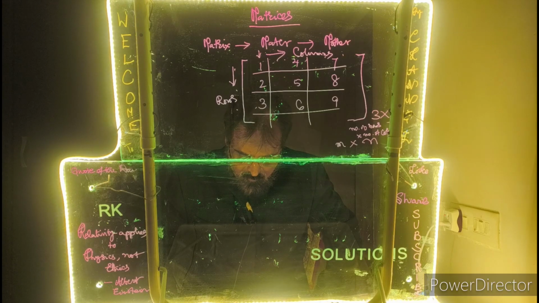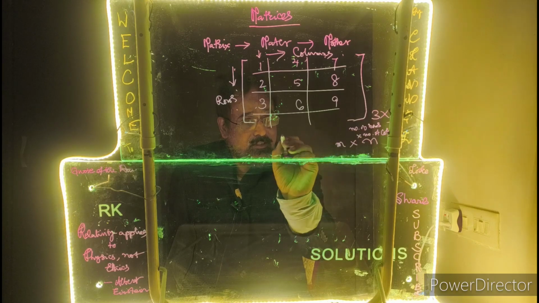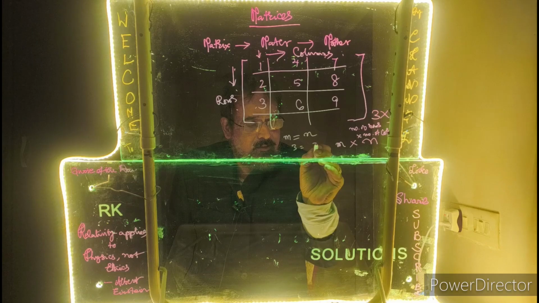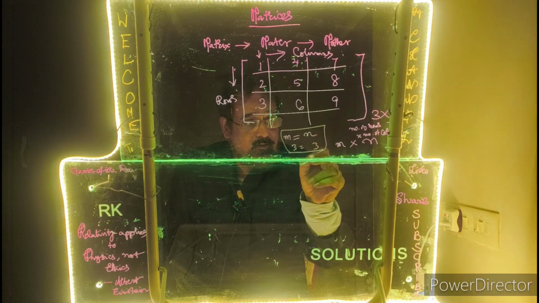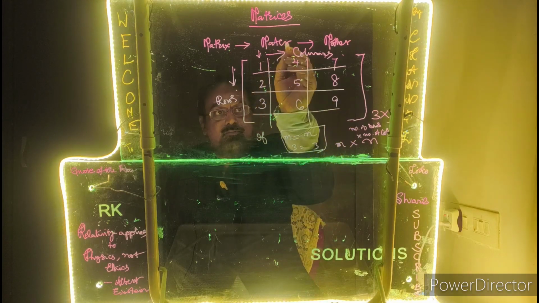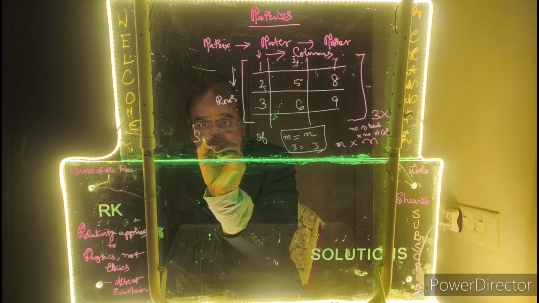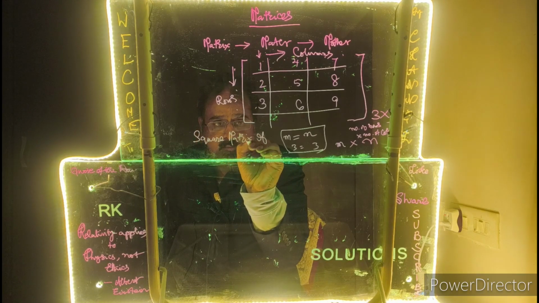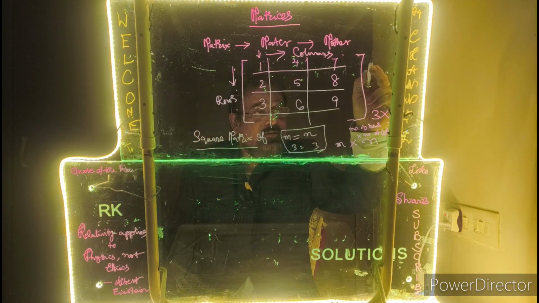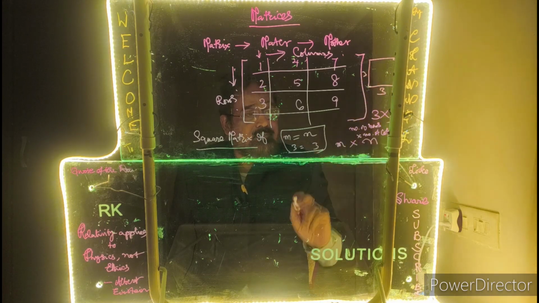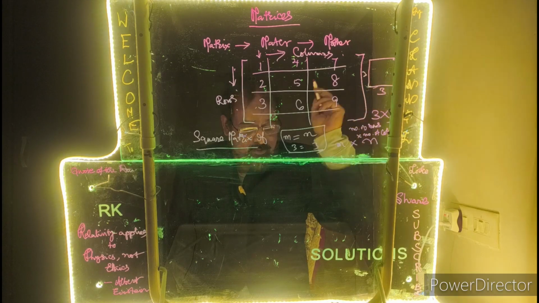And if m is equal to n, this is what we call the square matrix, because it's in the shape of a square, right? 3 on this side, 3 on this side.